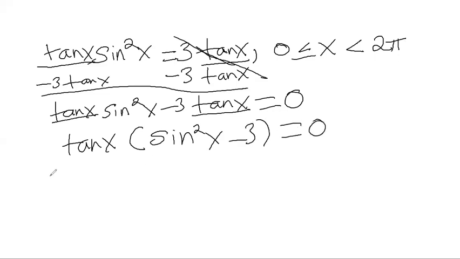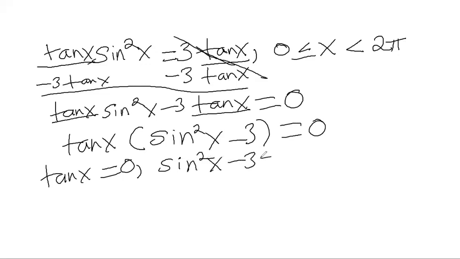equals 0. So now I have tangent of x equals 0, and sine squared x minus 3 equals 0. For this, where does tangent equal 0? Again, reference angles, or the four quadrants. All students take calculus.